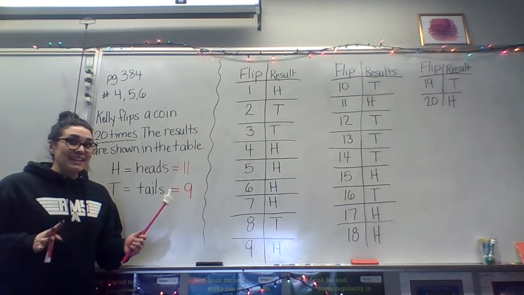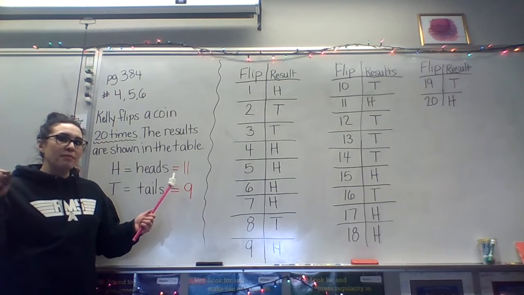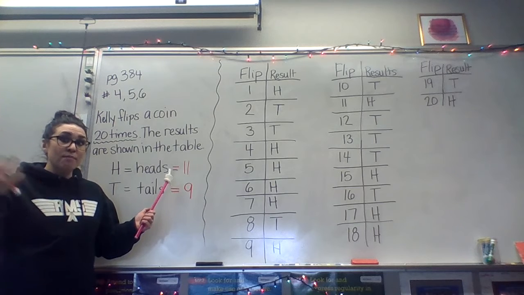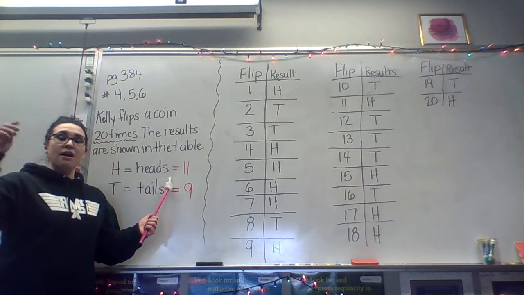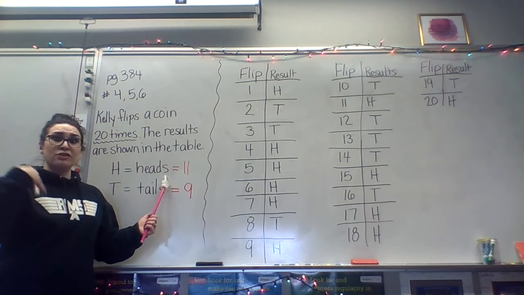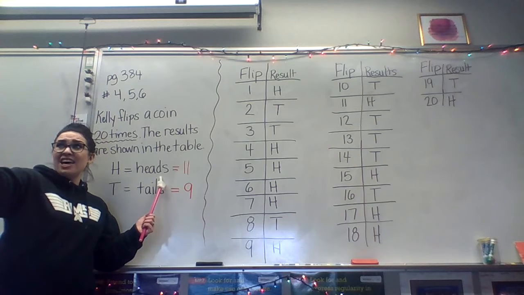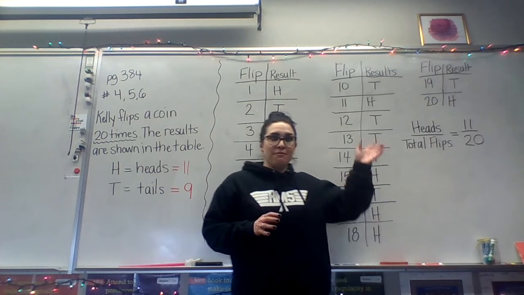What number 5 is asking us is, what's the experimental probability that heads would be up? There's a way that we can use a fraction, and then use that to convert to a percent. For this experimental probability, we can use a fraction.